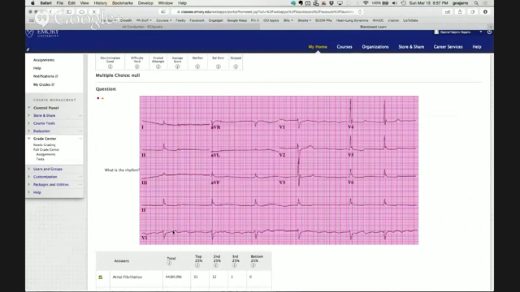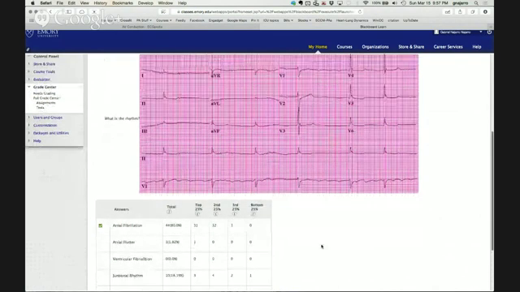And we see some waves in between, but they don't have any particular morphology that's easy to pick out. They kind of look random, right? And when we see random waves, we think of fibrillation, right? And fibrillation between QRSs would be atrial fibrillation. So in this irregular rate with fibrillatory waves, atrial fibrillation is the best answer.